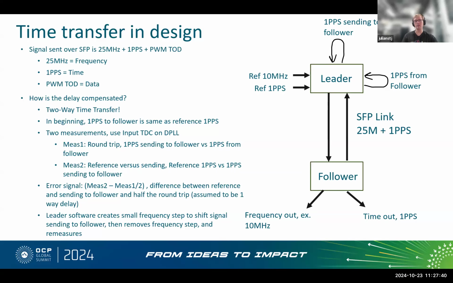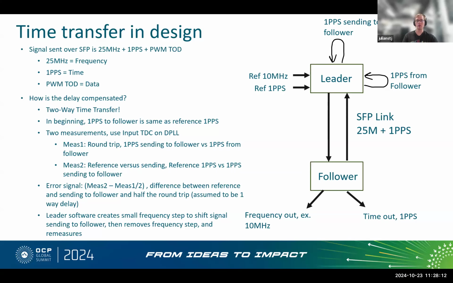And then the second measurement you need is you need to know the offset of what the reference is, your golden 1 PPS, to what you're sending to the follower. So in the beginning, when you first turn everything on and there's no calibration, they will be identical. You just lock what you're sending to the follower to your reference input. But if you want to have the follower PPS output be the same as the reference, you have to measure the error signal of that round trip delay and then adjust the PPS you're sending to the follower to be half the round trip.